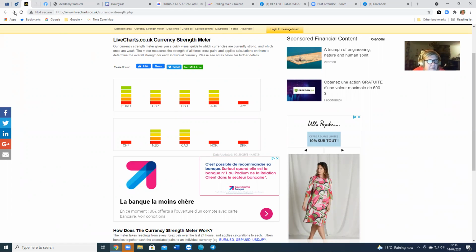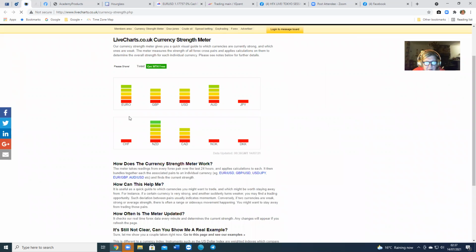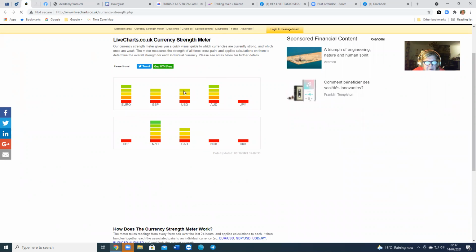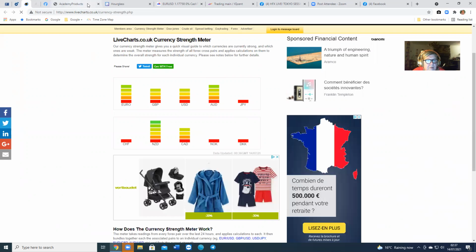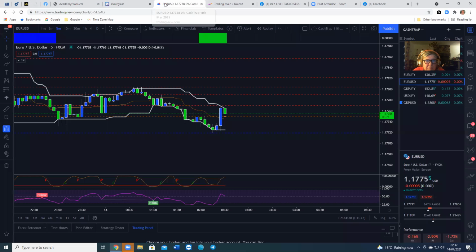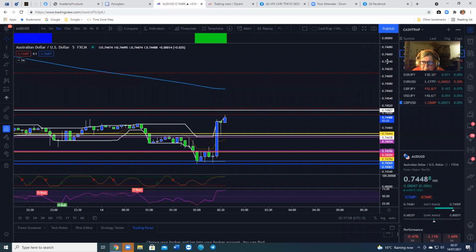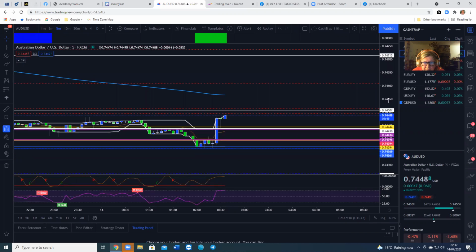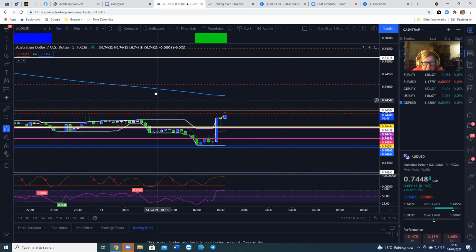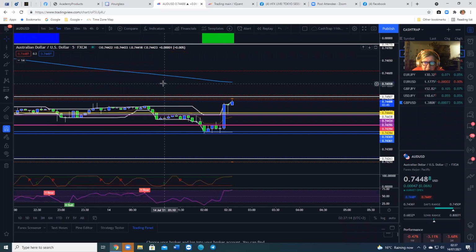Australian dollar against the US dollar has got stronger. That's moving up to that quarter point at 500. And there's that daily at 509.